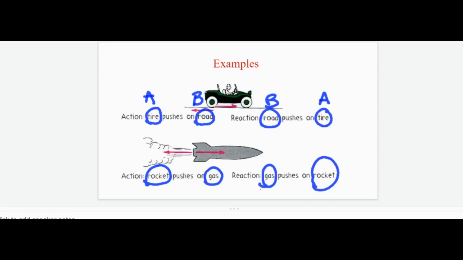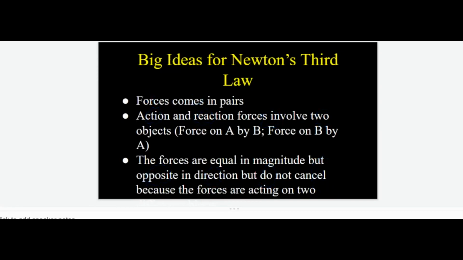Now, what are the big ideas for Newton's third law? So let's look at it. One is that forces come in pairs. Second, action and reaction forces involve two objects. So you have to pay attention to that. Force on A by B and force on B by A. And I've given you some examples of that.